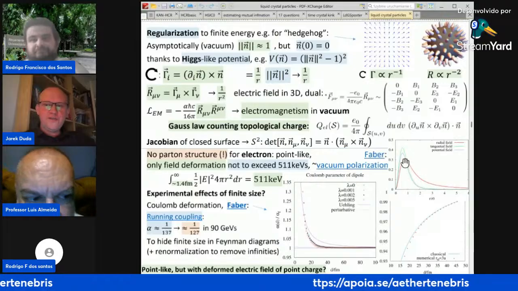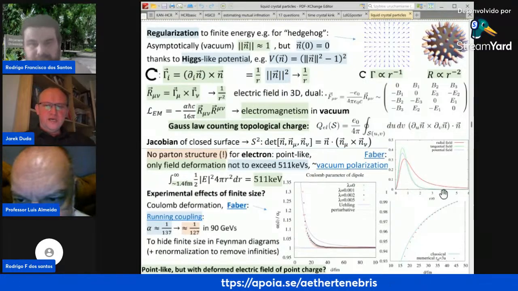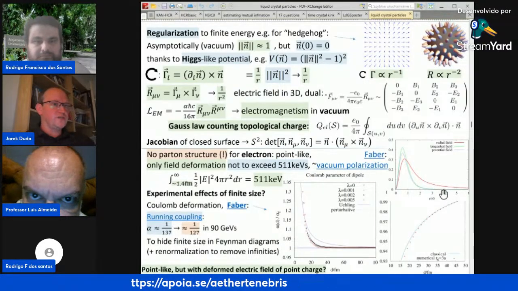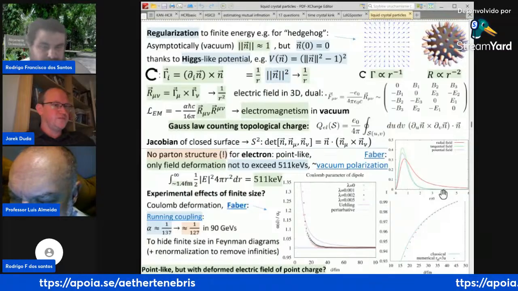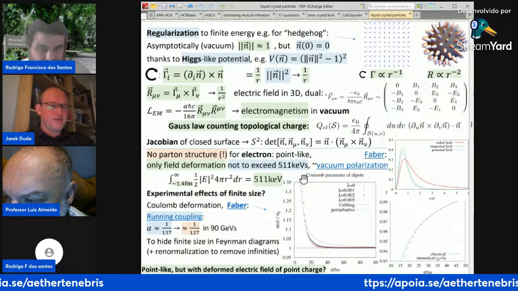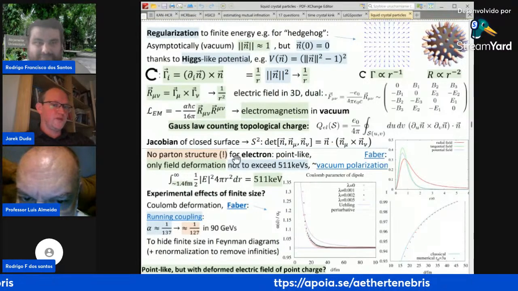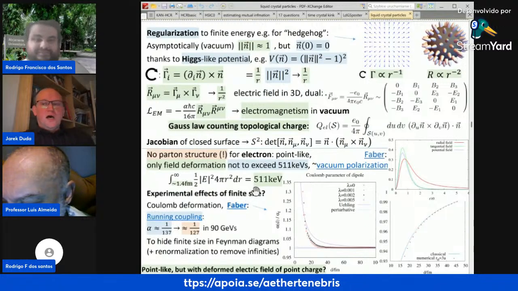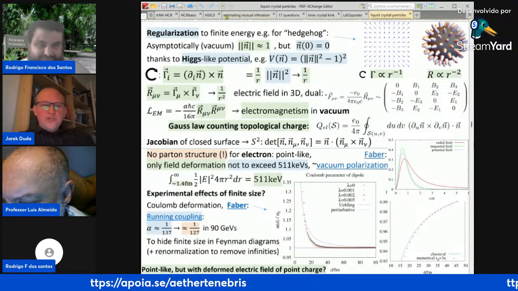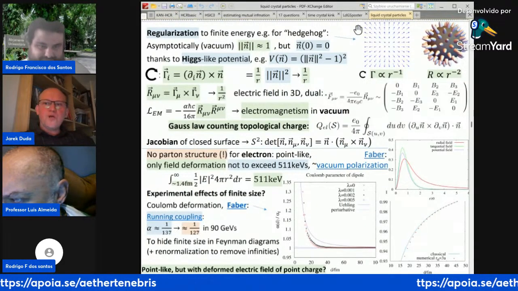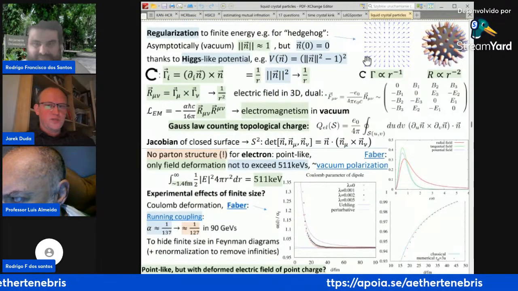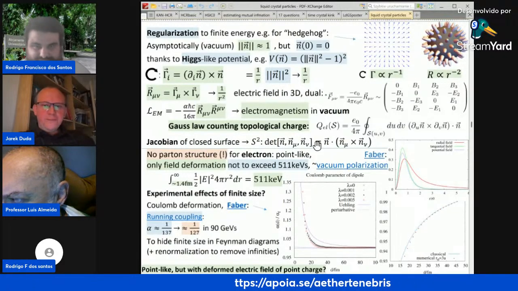So to prevent the infinity, these two terms are activated, so that the final energy of such a quantized topological charge is finite, and should be 511 keV, the mass of the electron. Indeed we get this. We can regularize the singularity, so there is no need for singularities.